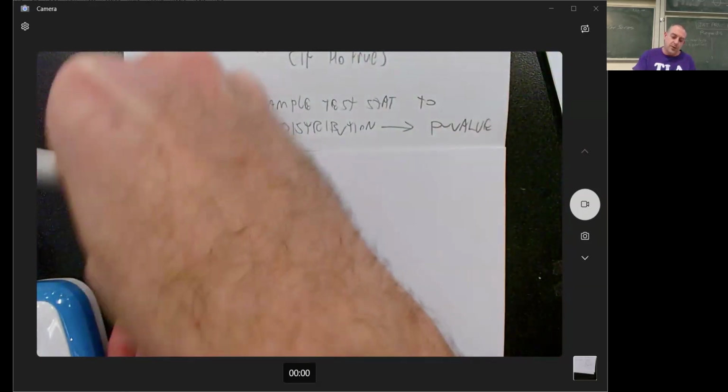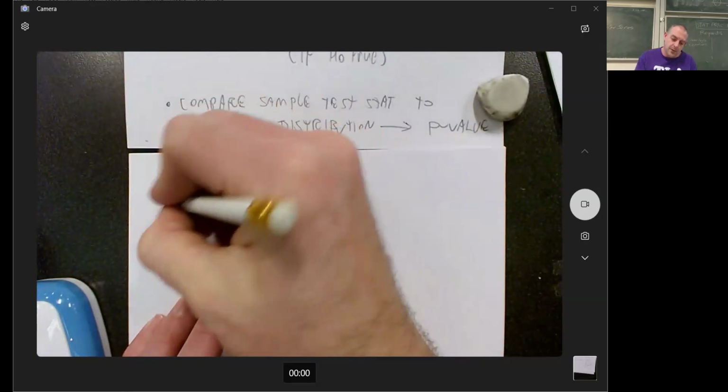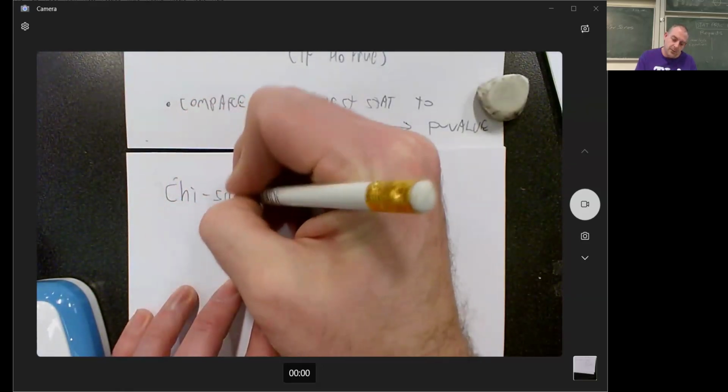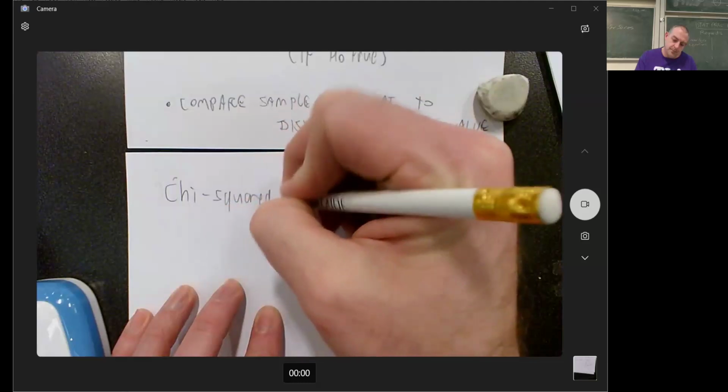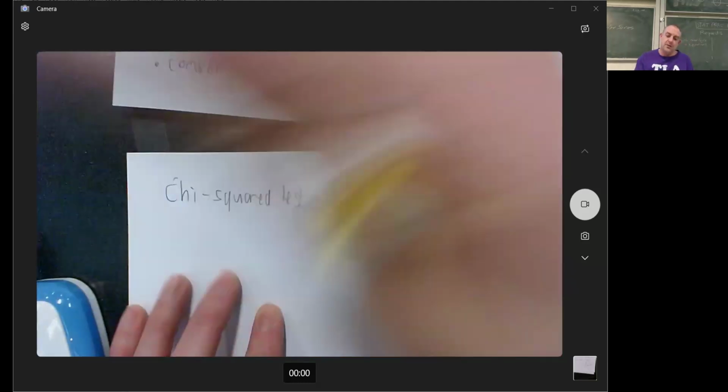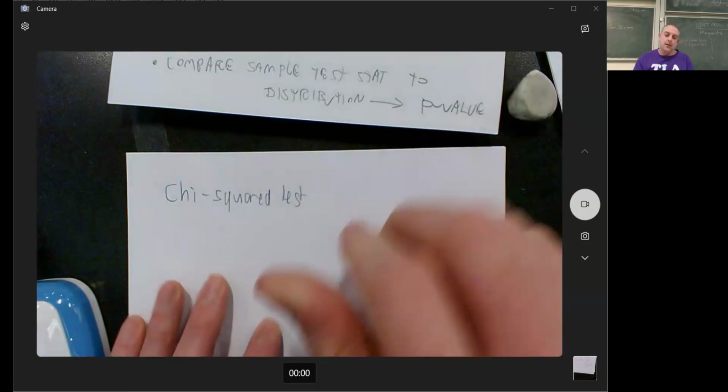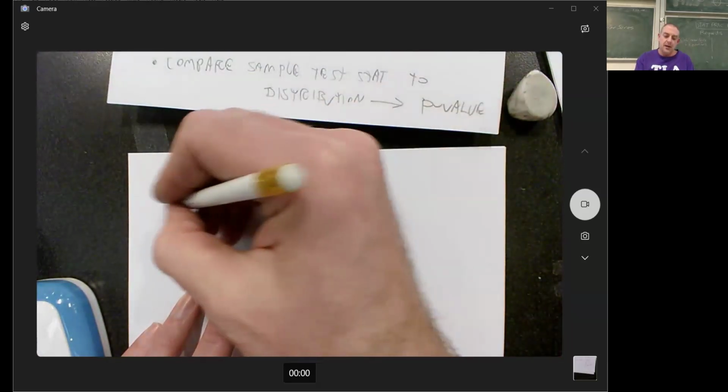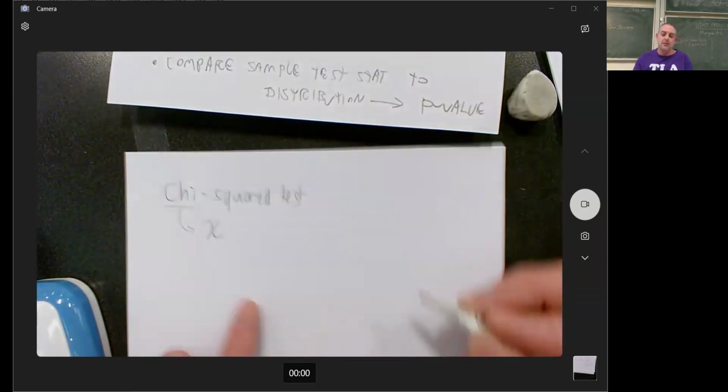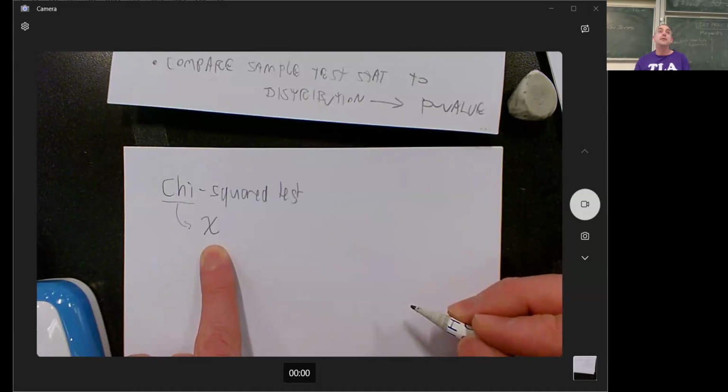So just so you know, the chi-squared test. This chi here is the Greek letter, and the capital for that looks like an X, by the way.